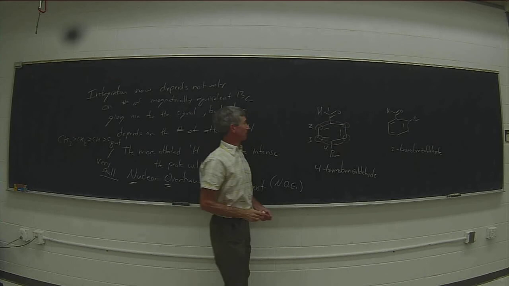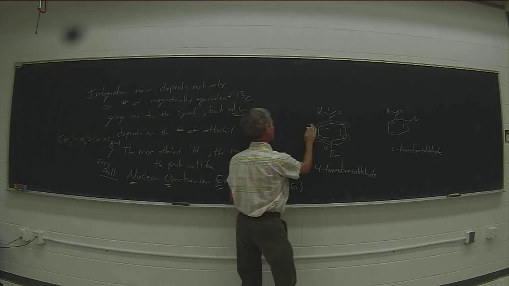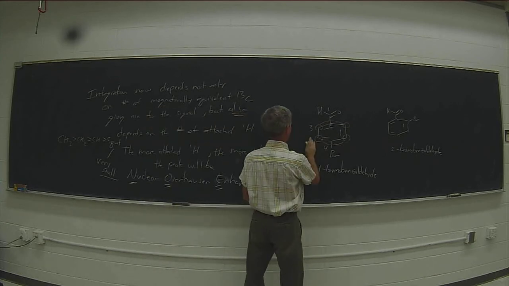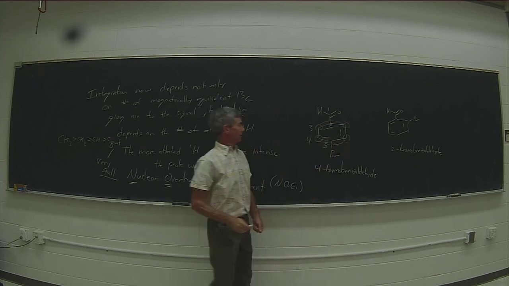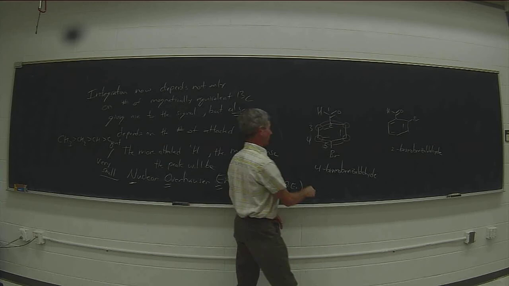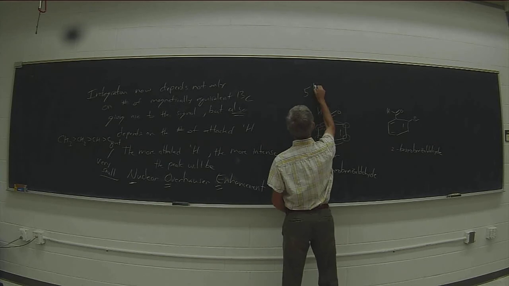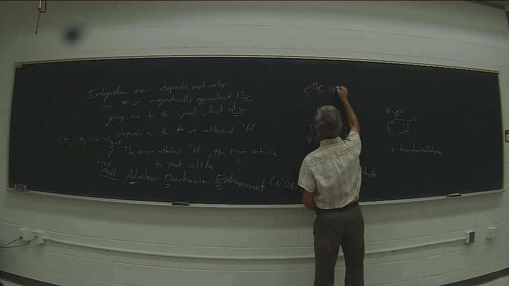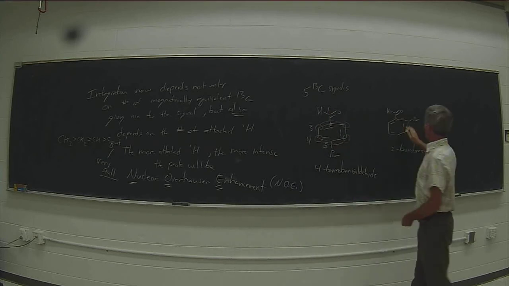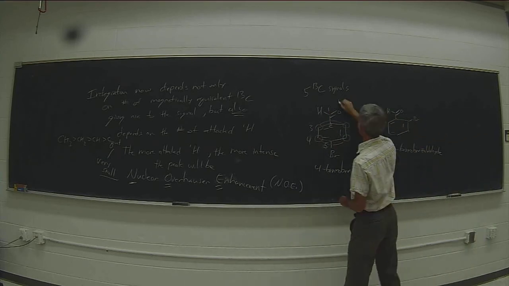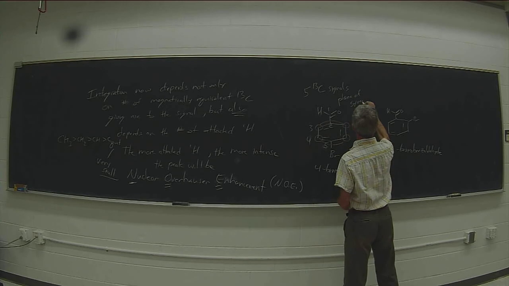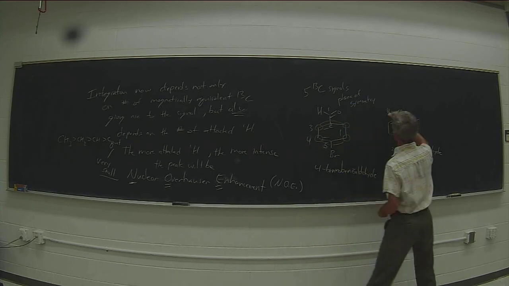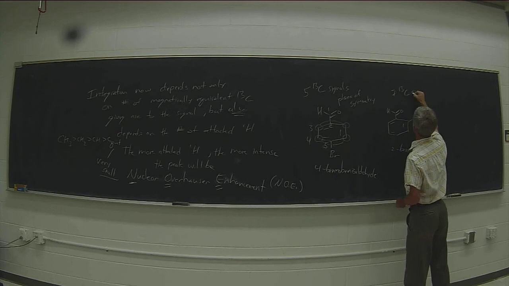So you would expect to see, for 4-bromo-benzaldehyde, only 5 13C signals. Whereas there's no symmetry here, so you would expect to see 7 13C signals.